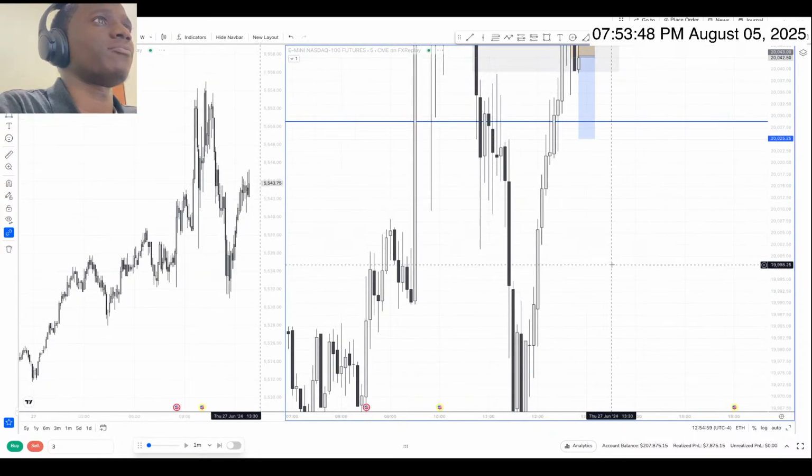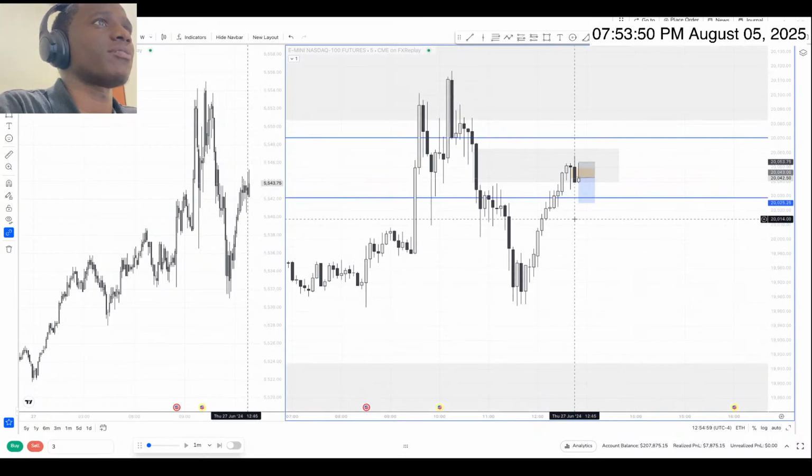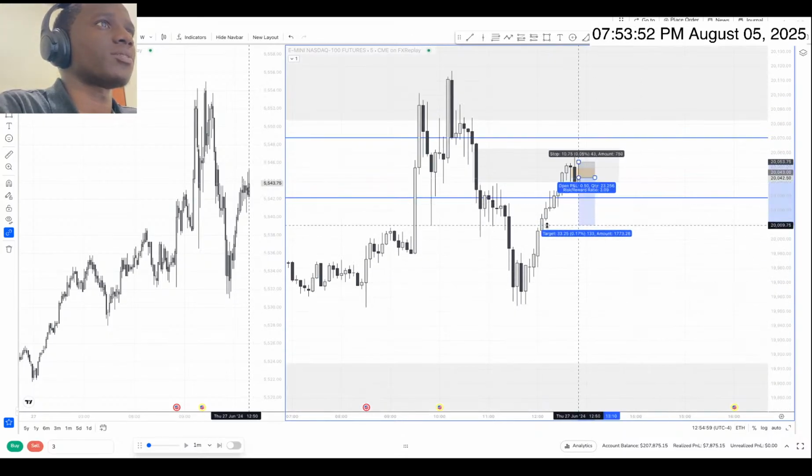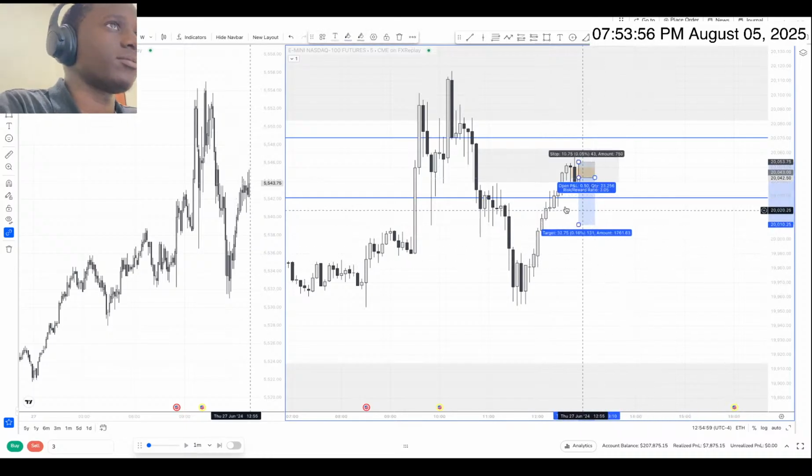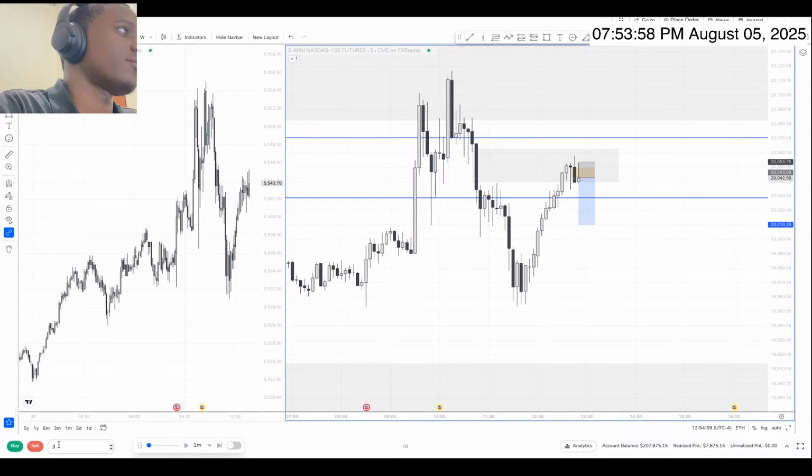But let's see the 5 minute. The 5 minute can have other important fair value gaps, such as this one here, which might get targeted. So let's sell it there. Maybe 3 more lots. Let's see where it goes.